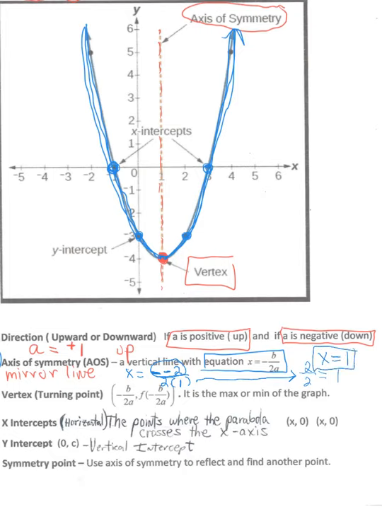Okay? Because it's a vertical line at x equals 1. And notice, when we look at that axis of symmetry on the top picture, I'll use a green highlighter so we could see. Look where it crosses, where x equals 1.